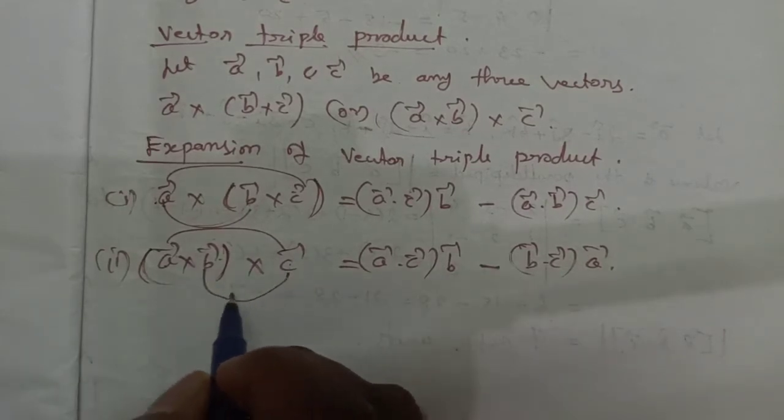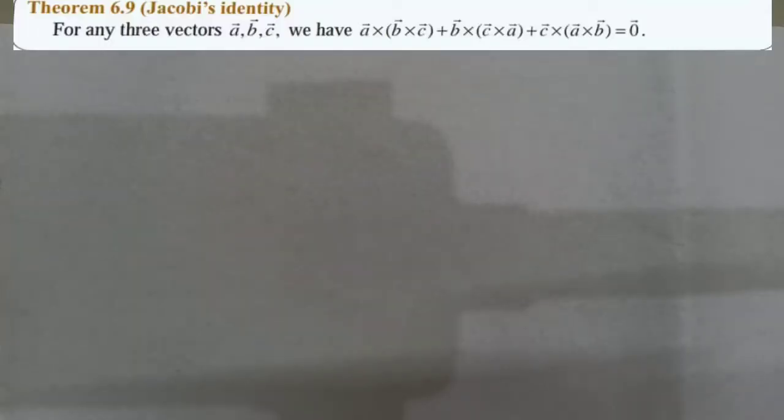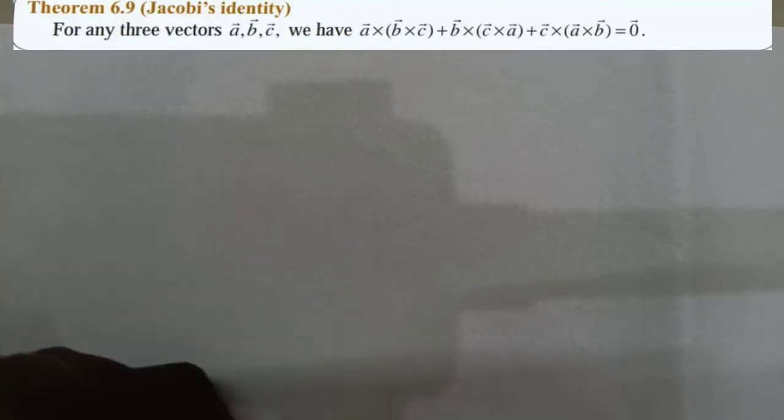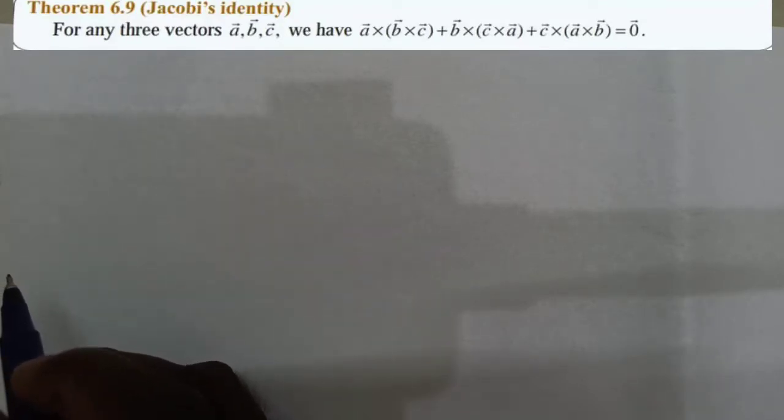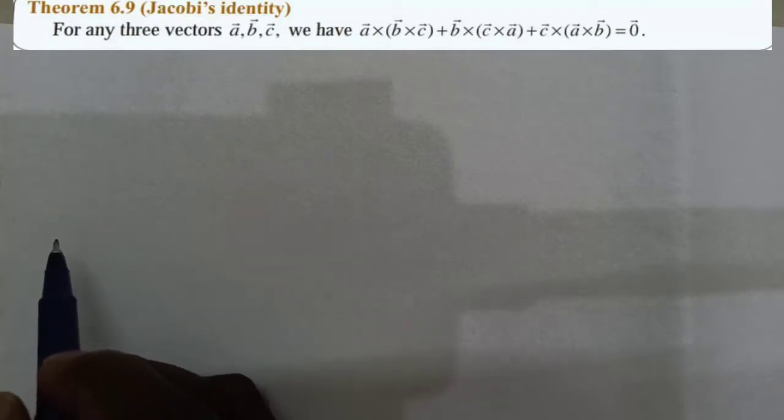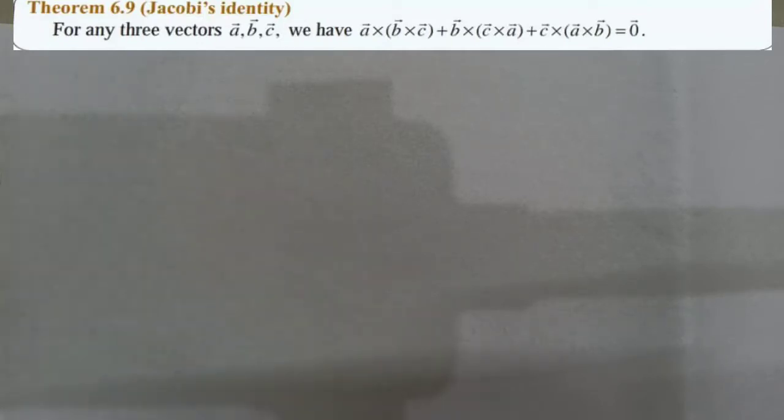Next let me see theorem 6.9. This is Jacobi's identity. For any three vectors A vector, B vector, C vector, we have A vector cross B vector cross C vector plus B vector cross C vector cross A vector plus C vector cross A vector cross B vector is equal to 0 vector.